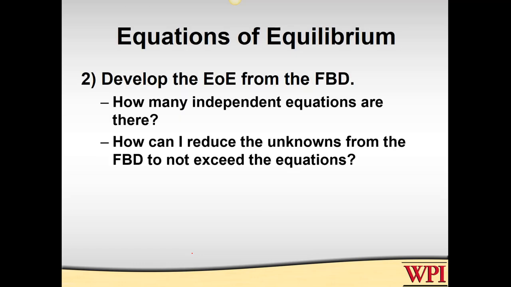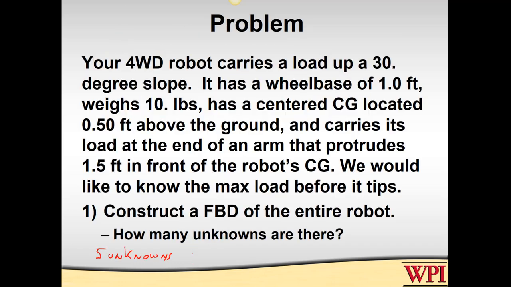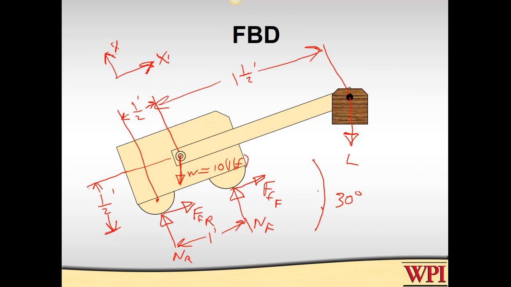So if we look at the problem statement carefully, right, where we want to know the load when it's just about to tip. All right, we would like to know the maximum load before it tips. So if we look again at our free body diagram, well, when this is just about to tip, what is the value of the forces on this rear wheel, right?